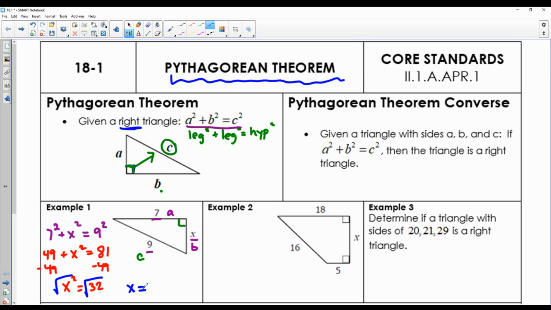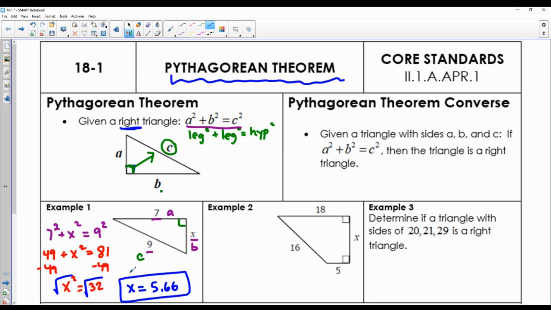Go ahead and plug it into your calculator, square root of 32. It might give you 4 square root of 2, and that's a fantastic answer, but we're going to try and get a decimal. So if you hit that button right above it, it'll give you 5.656. Let's round it to 2 decimal places: 5.66. That's the value of that side.